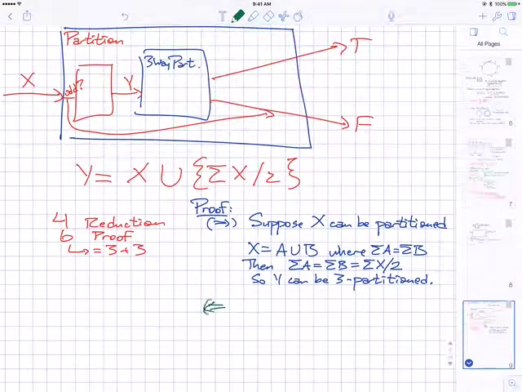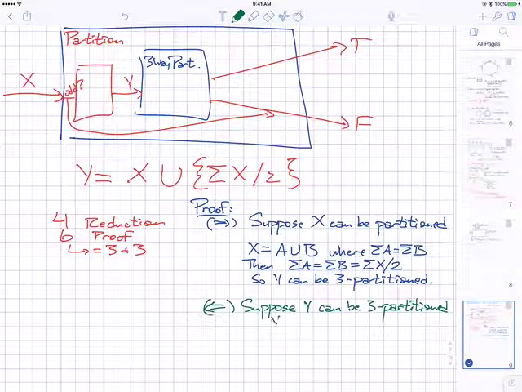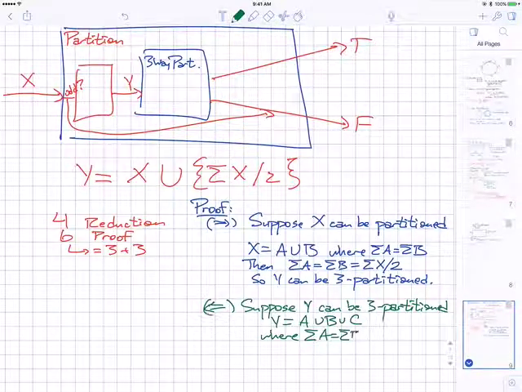Other direction. Suppose Y can be 3-partitioned. So I'm going to write Y equal to A union B union C, where sum of A equals sum of B equals sum of C. This is going to be, of course, equal to the sum of all values in Y divided by 3.